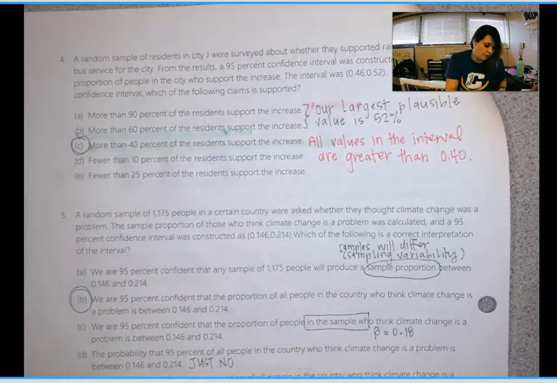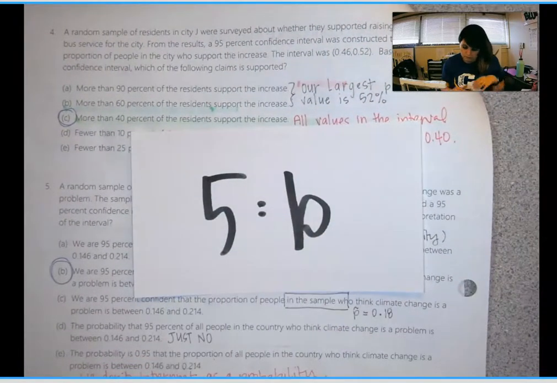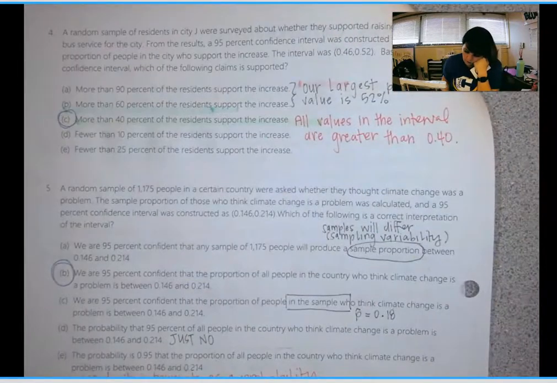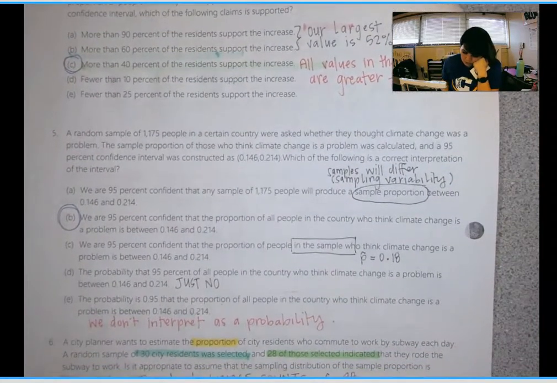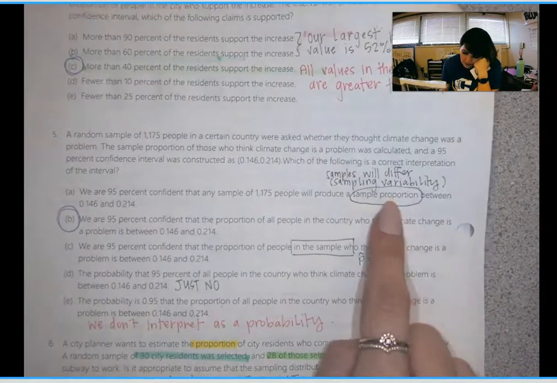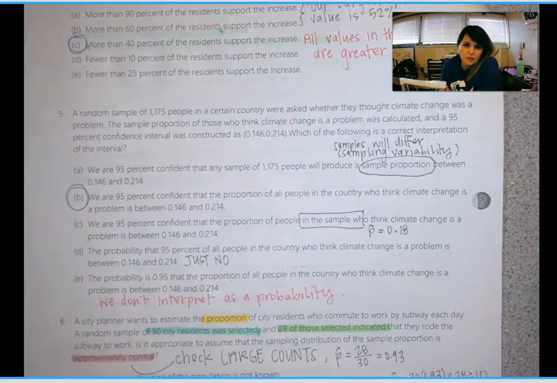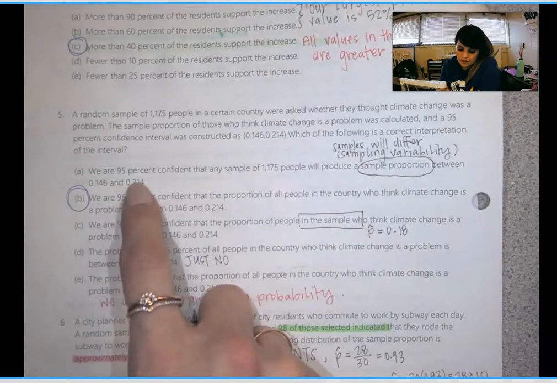Okay, 5. So once again, this is interpreting an interval. Letter A had a similar problem with it that the last one did. So we are confident that any sample of this same size will produce a sample proportion between these two values.